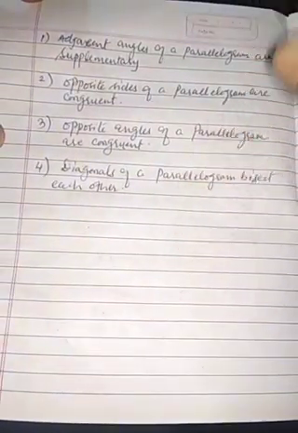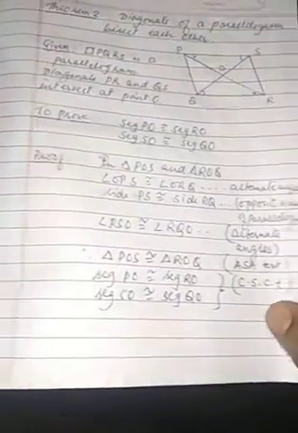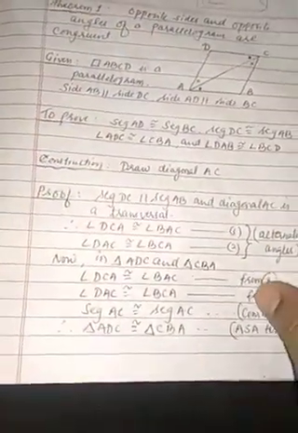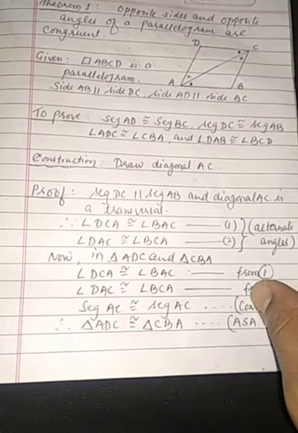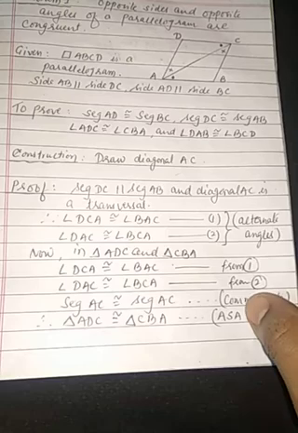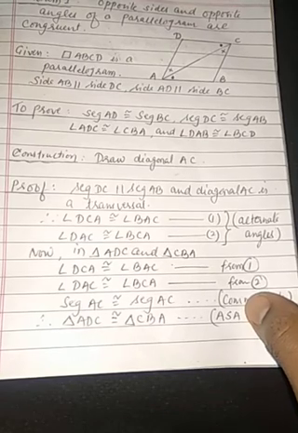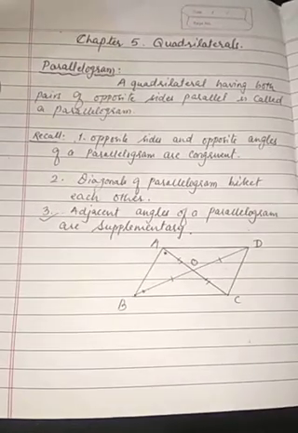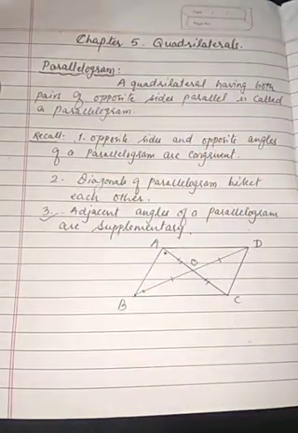So these four properties you have to write and learn along with the theorems that we have proved. Is it clear? So we have proved theorem 2, diagonals of a parallelogram bisect each other. Then we have proved theorem 1, opposite sides and opposite angles of a parallelogram are congruent. These two theorems are already there in the textbook. You can refer to that also. And you have to write the definition of a parallelogram.